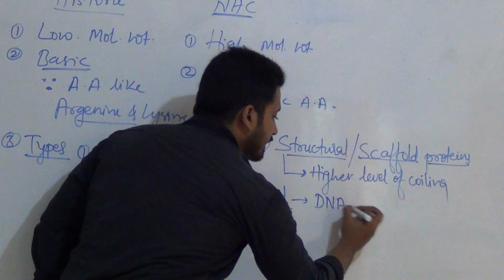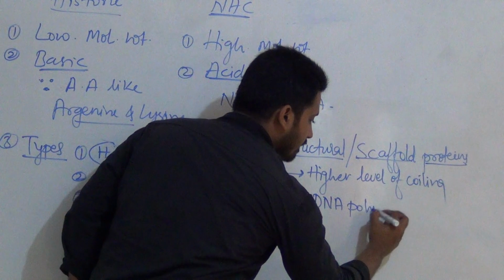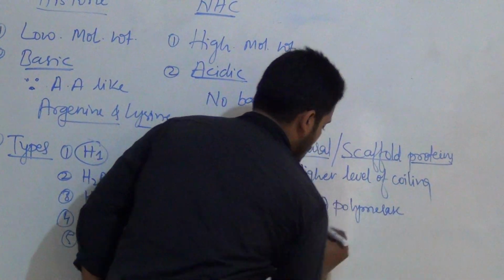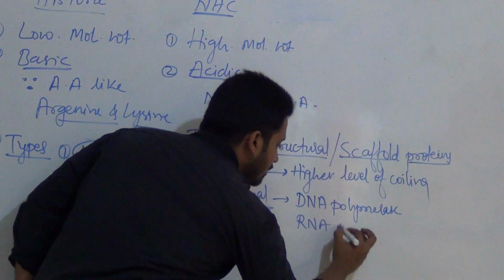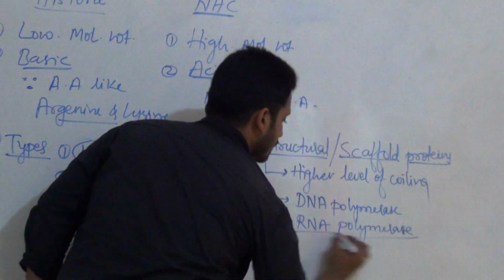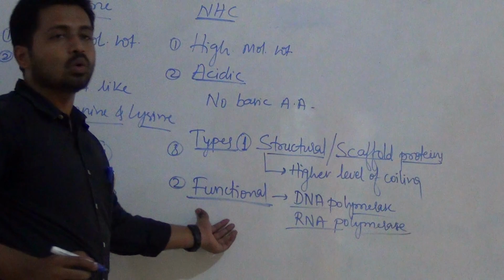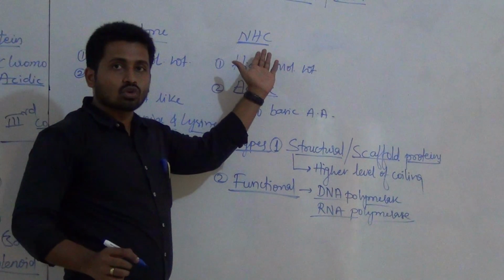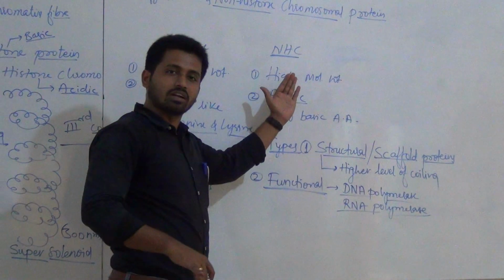Proteins like DNA polymerase and RNA polymerase are from this group only. NHC, non-histone chromosomal protein. These are acting as enzymes, right? But enzymes are nothing but proteins.